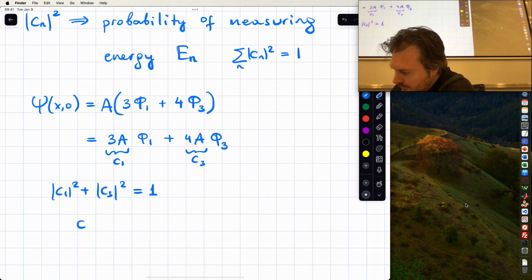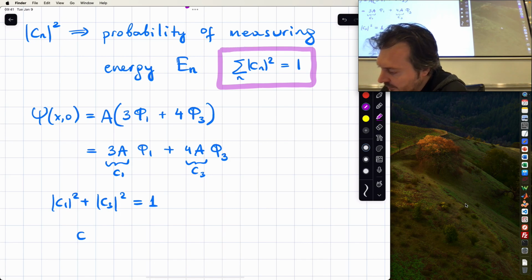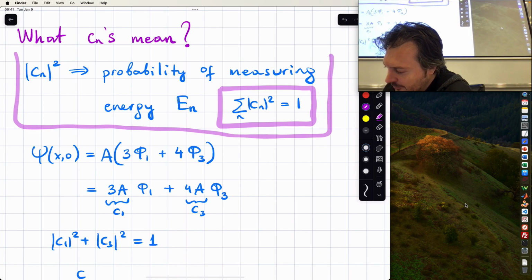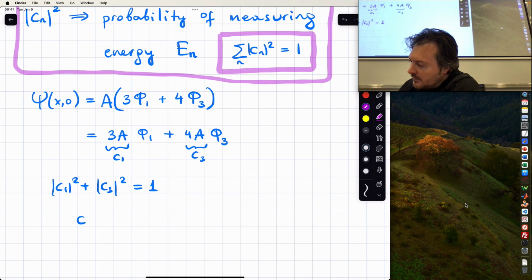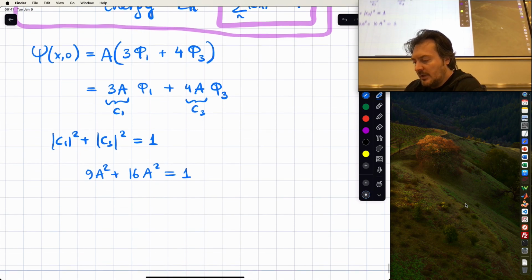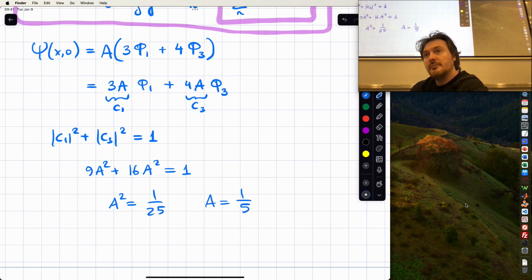So we can say that 9A squared plus 16A squared must be 1, right? A squared is 1 over 25. A is 1 over 5. Do you agree?